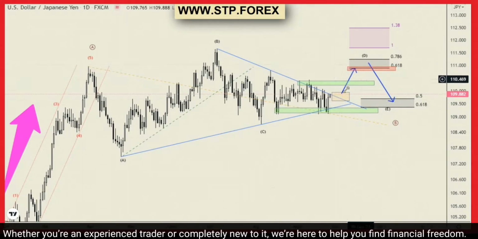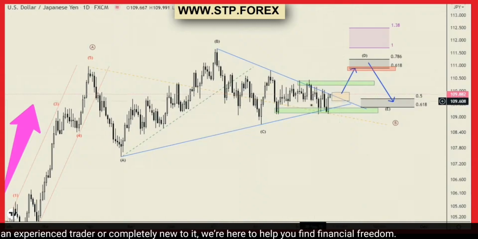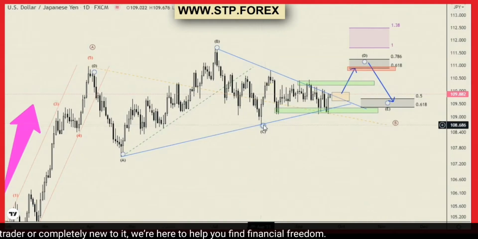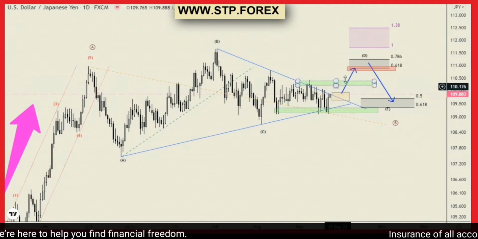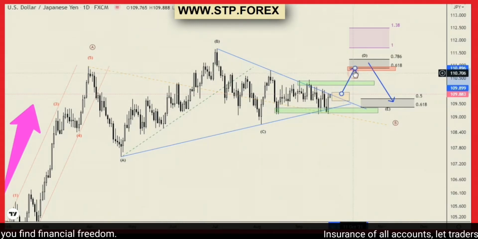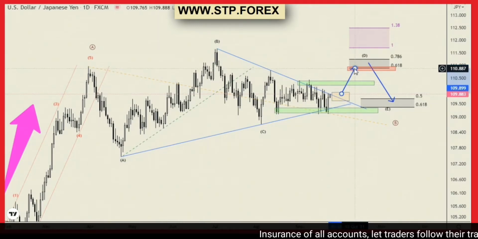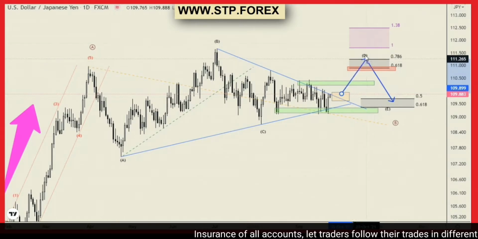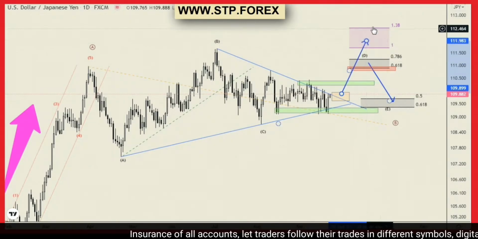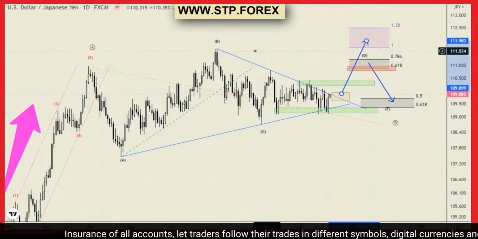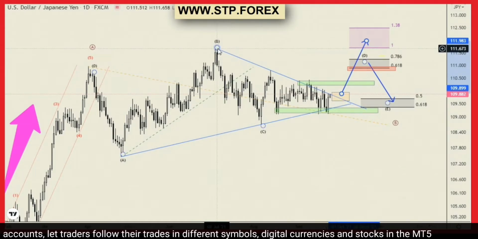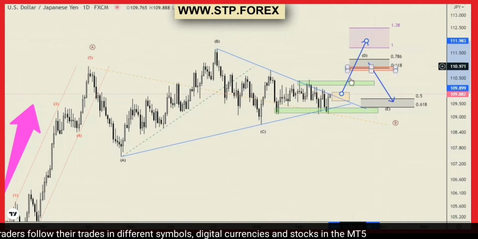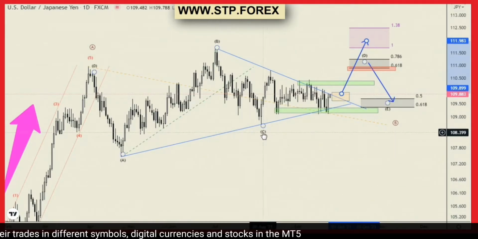In this case, we can cross the end of the C wave pattern of this flow, and if so, the bullish trend that will start here will go to the next resistance area, which as you can see is also in the zone of the previous ceiling. We can put the end of the C wave here.